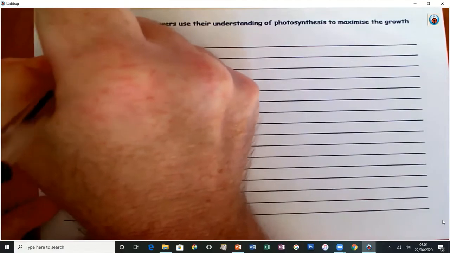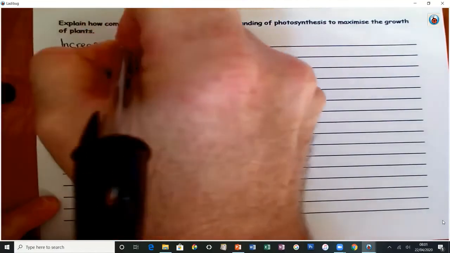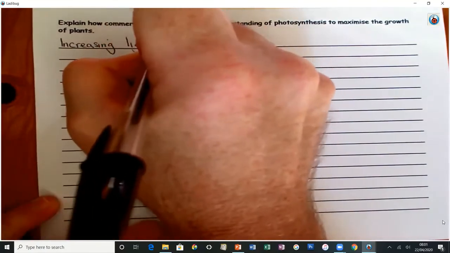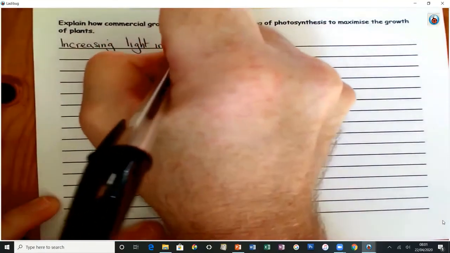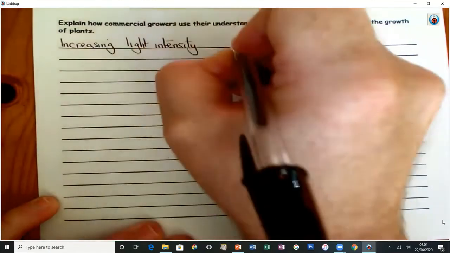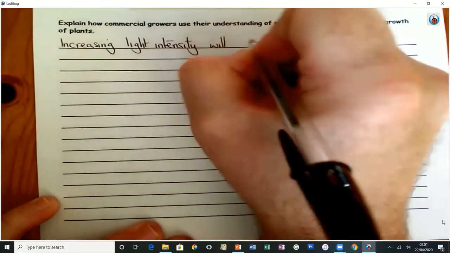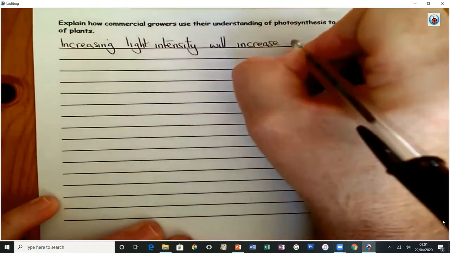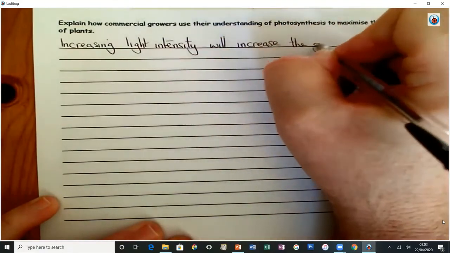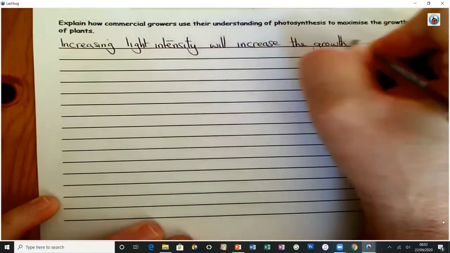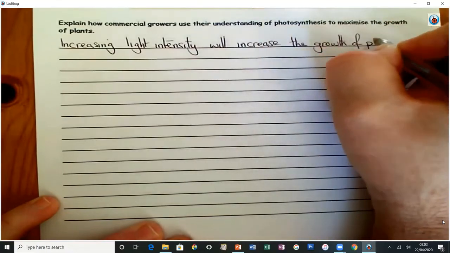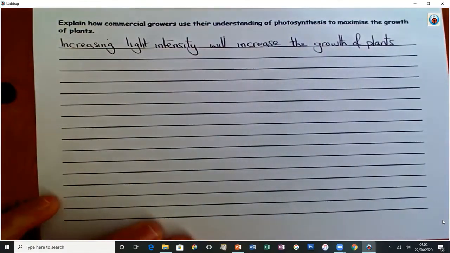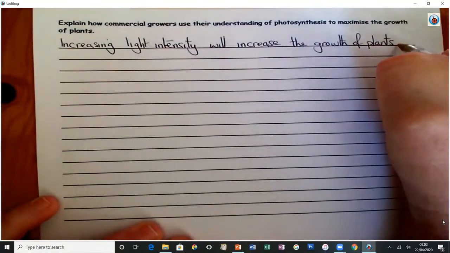Increasing light intensity will increase the growth of plants. As we know, that's up to a point, up to the point where other limiting factors come into play. That's what we'll write.